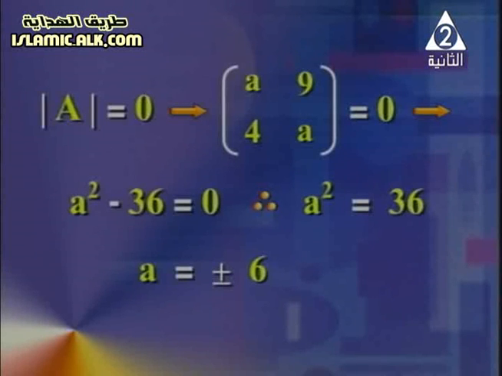We multiply all elements on the first diagonal, A times A squared, minus all elements on the second, 4 times 9, equal 36. Then A squared minus 36 equals 0. Therefore, A squared equals 36. Then A equals positive or negative 6.